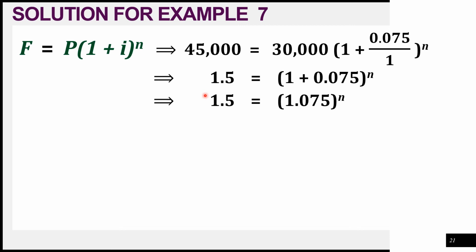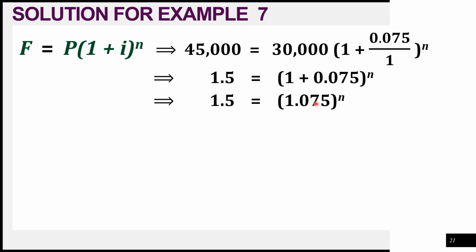We can actually simplify this one by having the base for each of these sides of the equation equal, so that we can eliminate the bases. But then in this case, we cannot do so because there is no such number that we can use as a common base between 1.5 and 1.075.